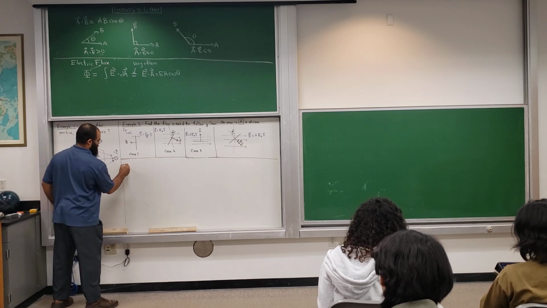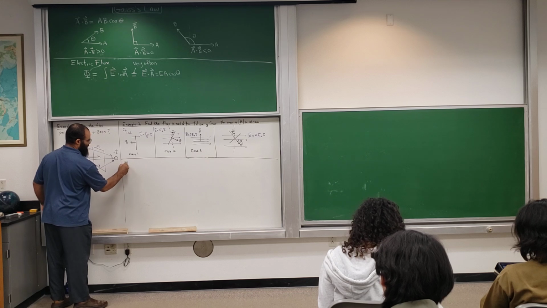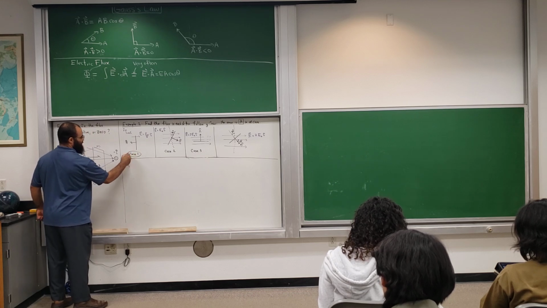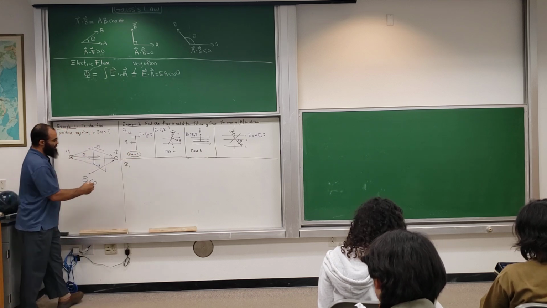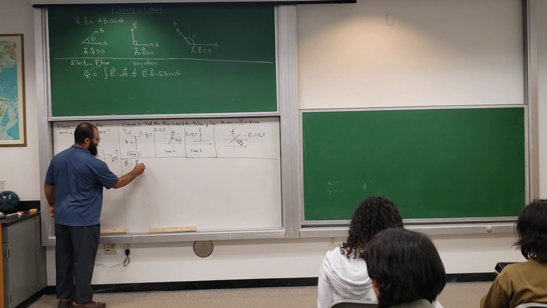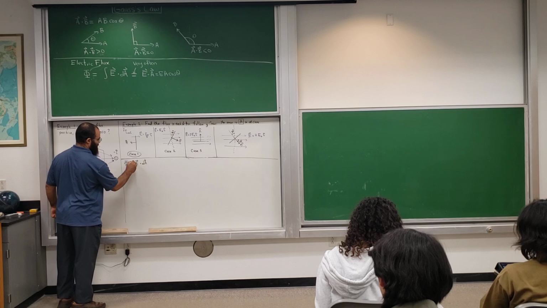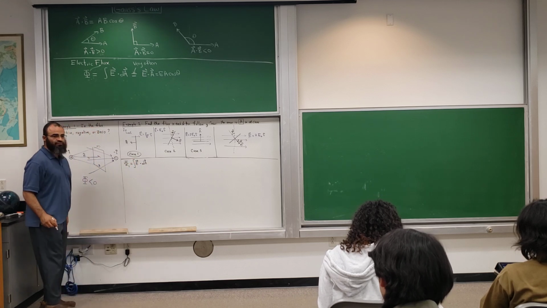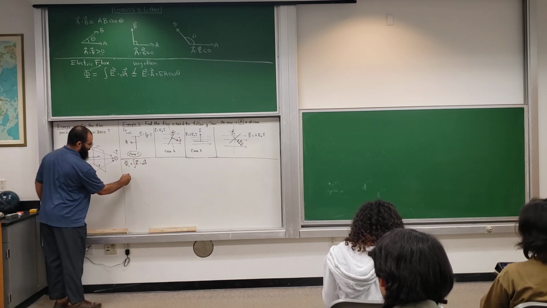The flux, I'll call it flux 1, because it's the flux in the first case, case 1. By definition, it's going to be the electric field dotted with the area, and you do an integral, right? Let's go, equals.